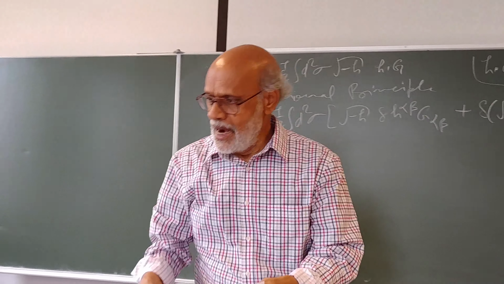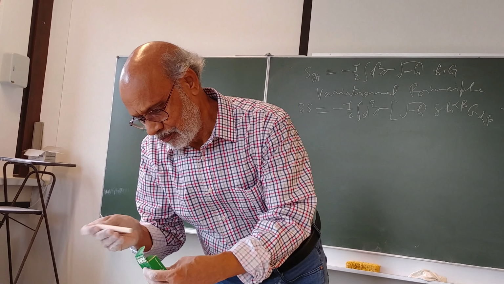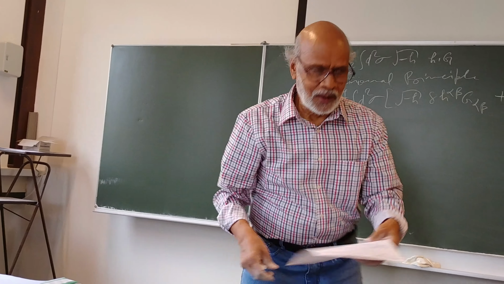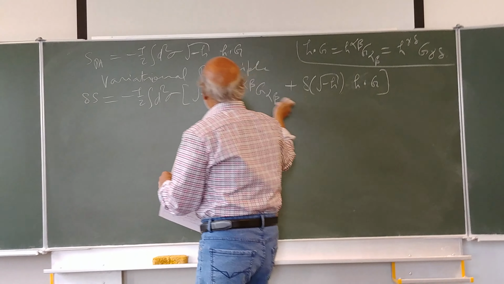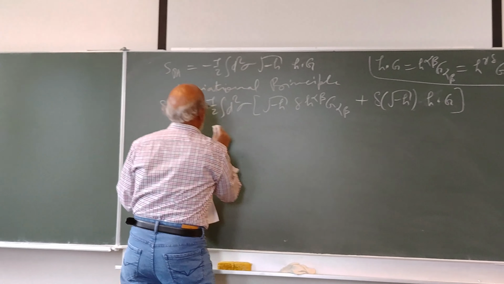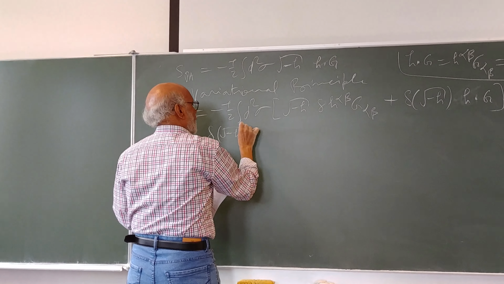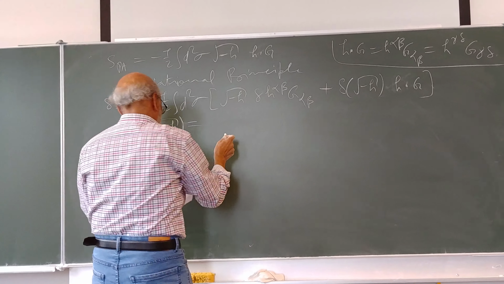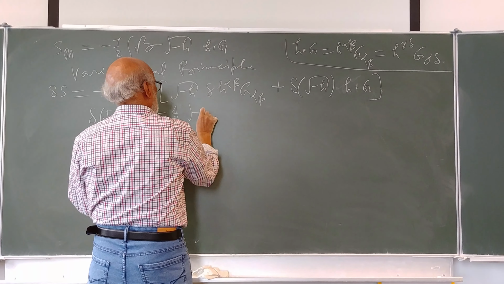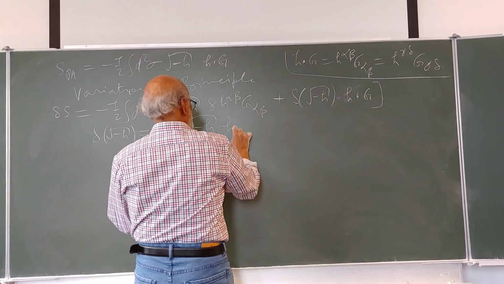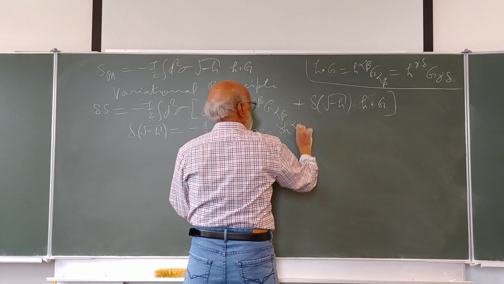Okay, and as you have in gravity theory, this delta of square root of minus h, without its derivation, let me just write its value, minus 1/2 square root of minus h h alpha beta delta h.